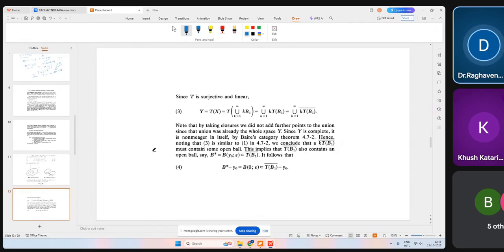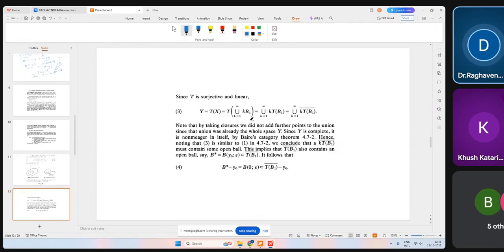Now this T is surjective and linear. So what do you mean by surjective? The range of T is the whole of Y, that is T of X is Y, as I told you a minute back. But this Y, you can write as the union of T(KB1), K equal to 1 to infinity.